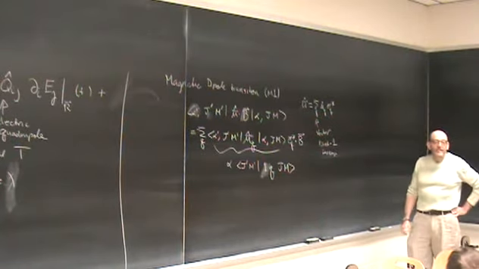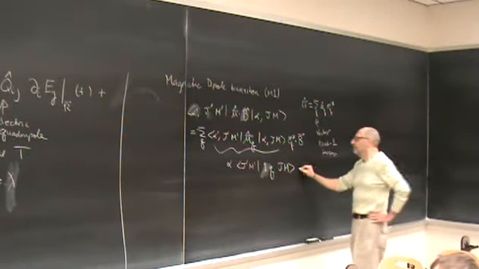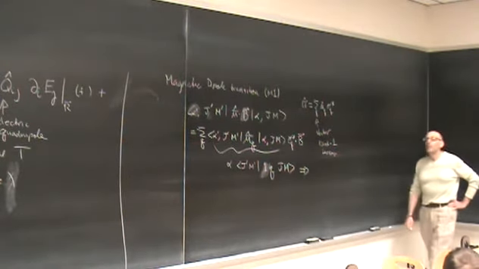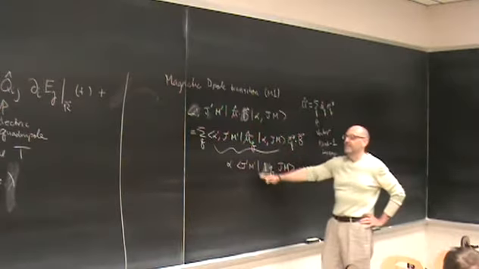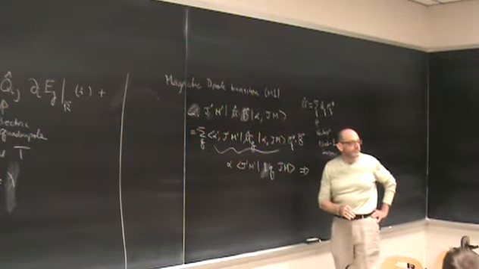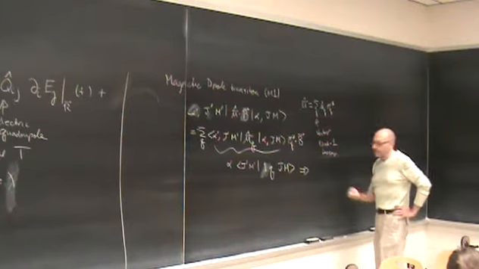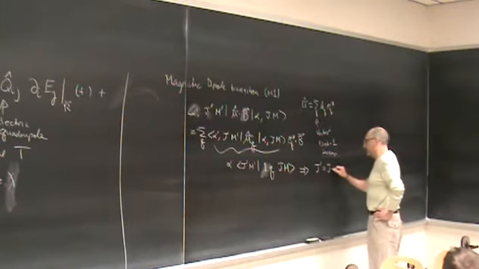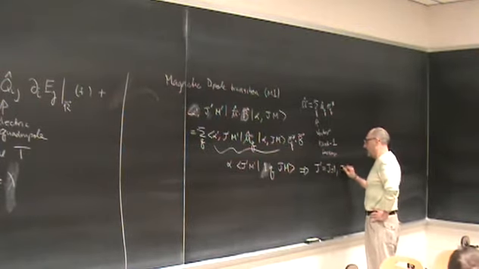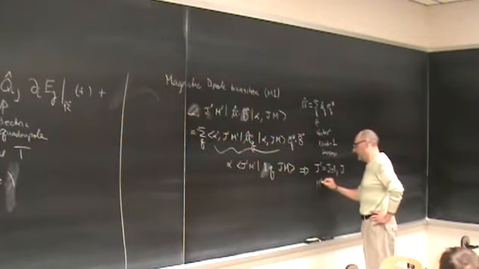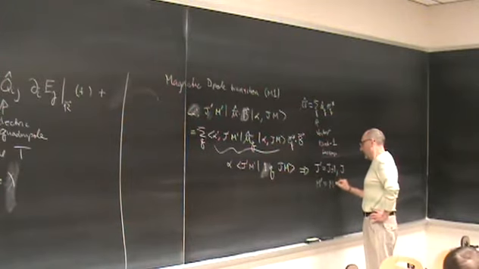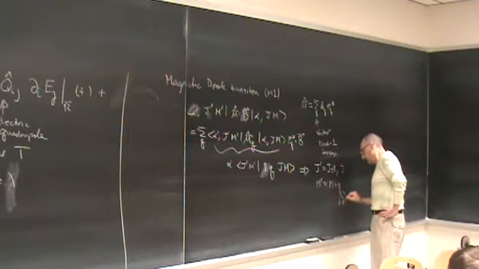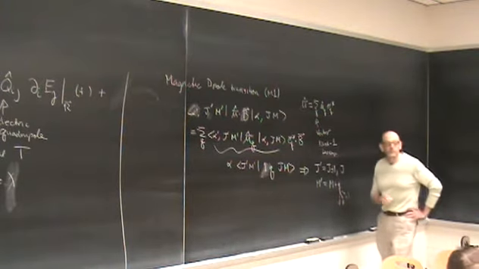Which means that angular momentum conservation, for which the Clebsch-Gordan coefficients are a statement, dictates that J prime can equal J plus or minus 1 or J, and M prime is M plus Q, where Q is either plus 1, 0, or minus 1. Right?